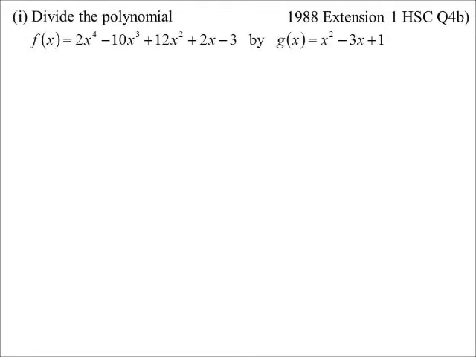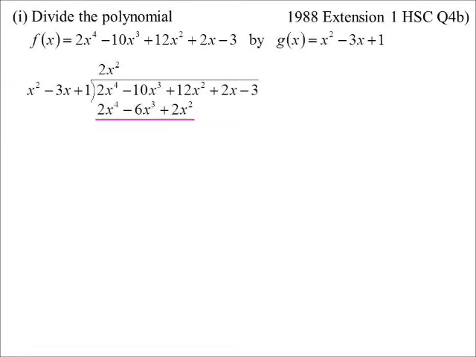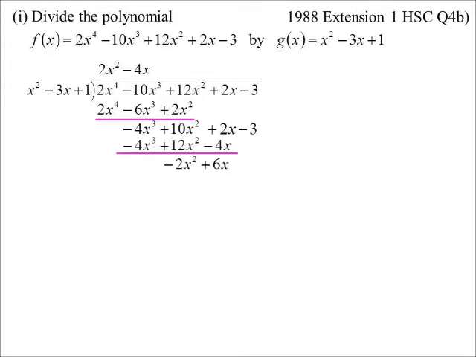1988 then. Here's the division they had to do that particular year, so let's do it. 2x to the power of 4 divided by x squared gives me 2x squared. Multiply it out. Let's do a subtraction. I'm left with a cubic, so I can keep going. Divide, I get minus 4x. Subtract, quadratic.